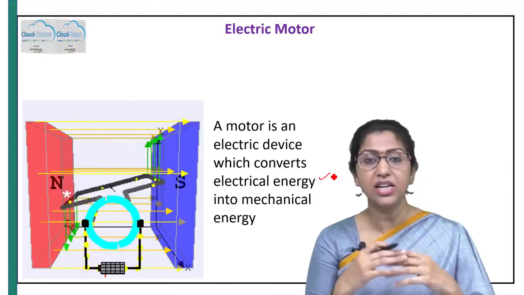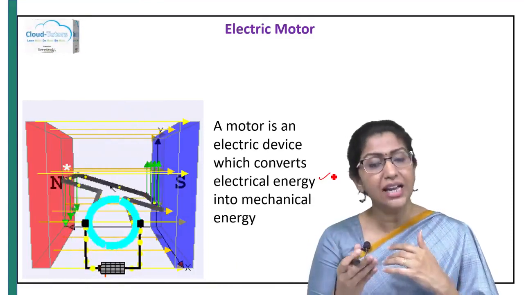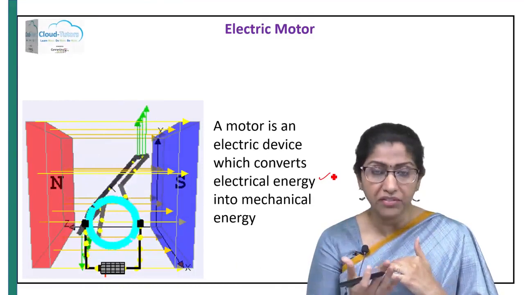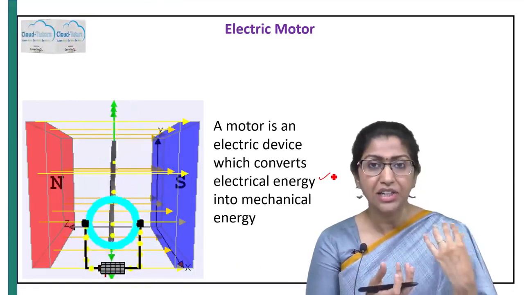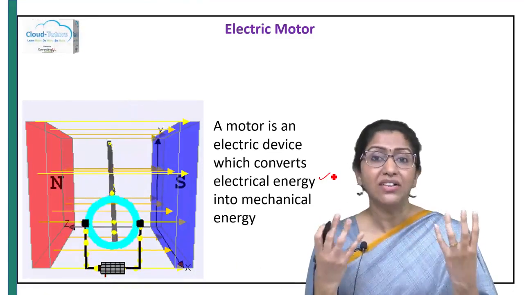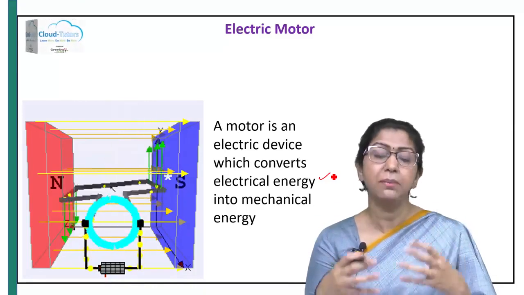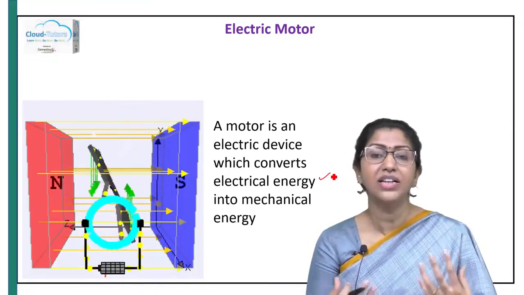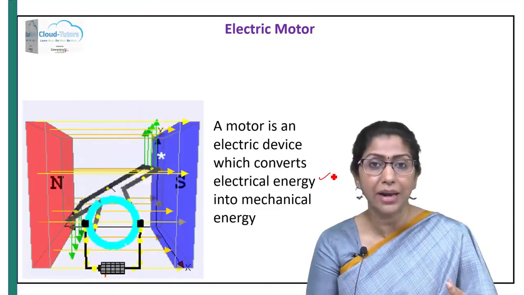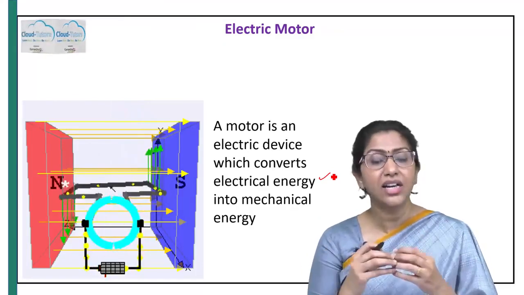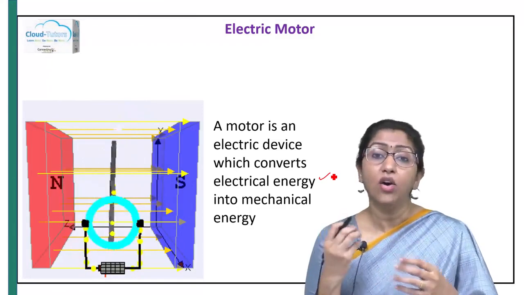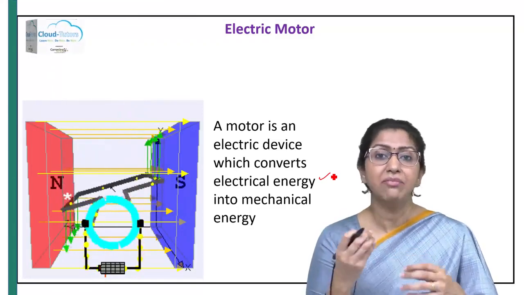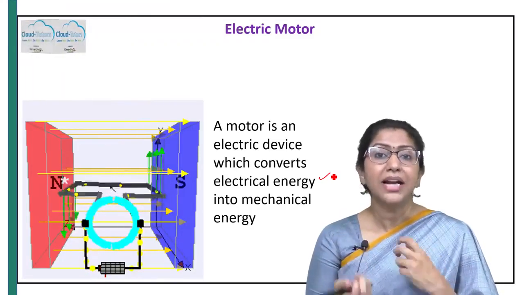Why electrical energy? When we pass the electric current through a given copper wire, only then is there a magnetic field that is induced. Only when we keep this entire setup in the vicinity of another magnet, or in another magnetic field, is there an interaction, and hence the copper wire, the conductor itself, experiences a mechanical force.